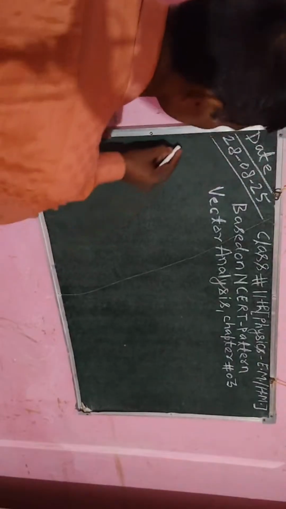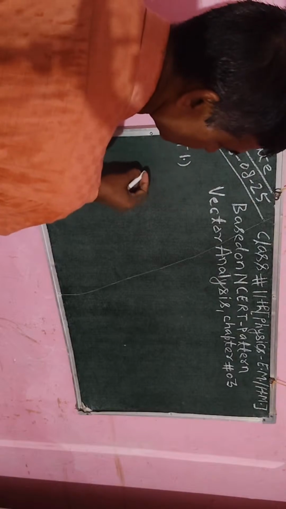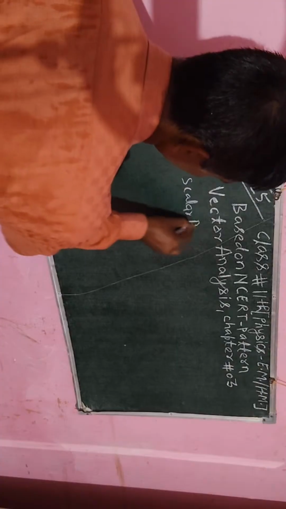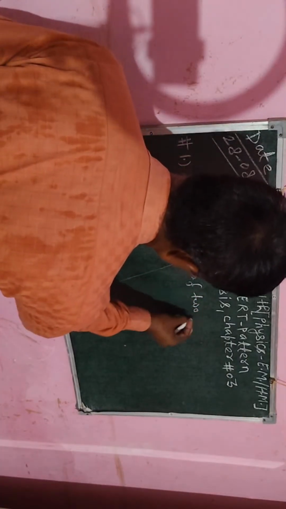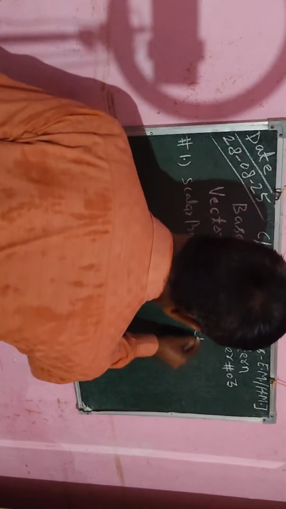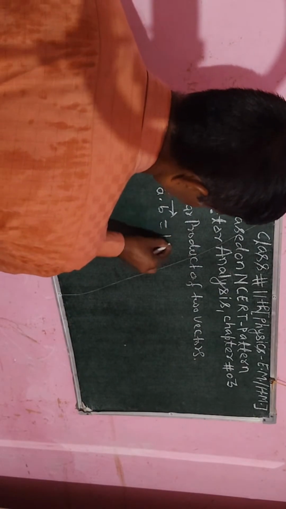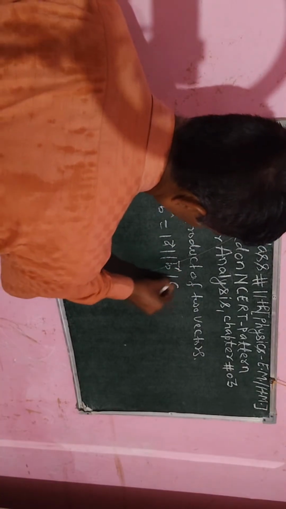First of all, I am going to say one concept I have already explained: the scalar product of two vectors. I have written a formula, A dot B, that is written as magnitude of vector A into magnitude of vector B into cos theta.